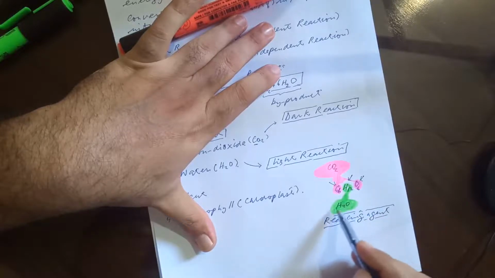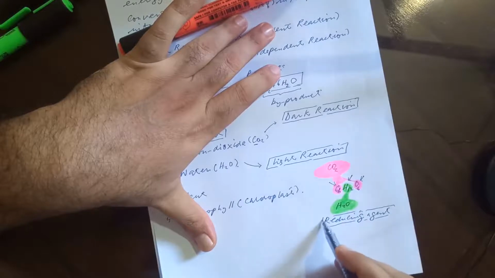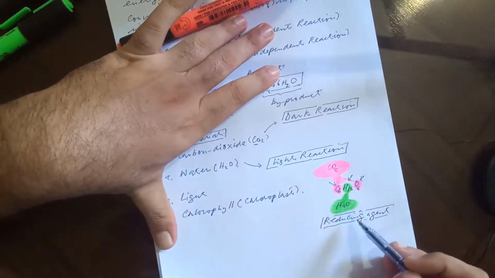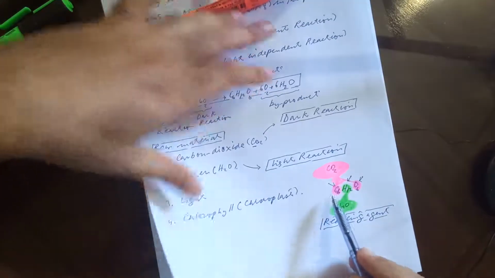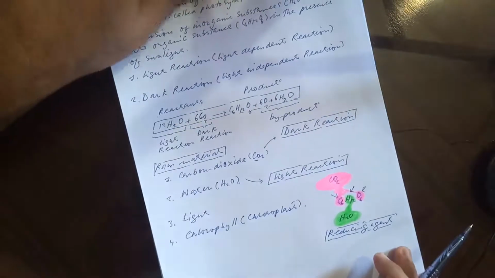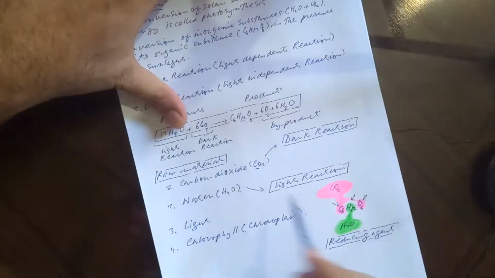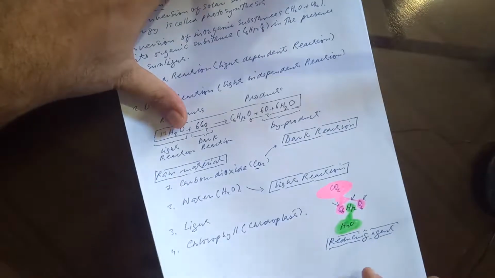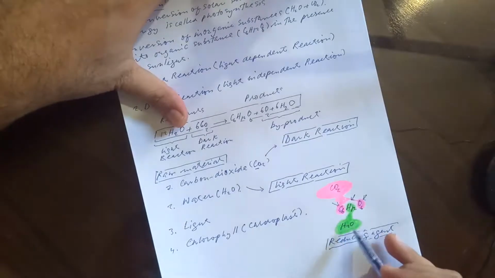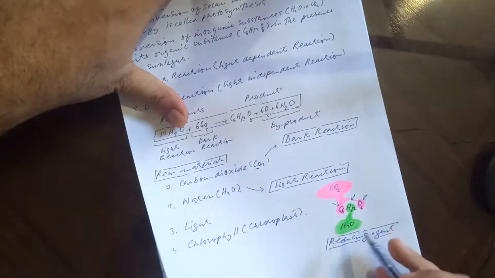So water is contributing electrons and hydrogen at the same time. This is why you call water the reducing agent. If you ask me which of the two has a major compositional contribution, certainly carbon dioxide has a greater part in making C6H12O6. Water is used as the reducing agent.